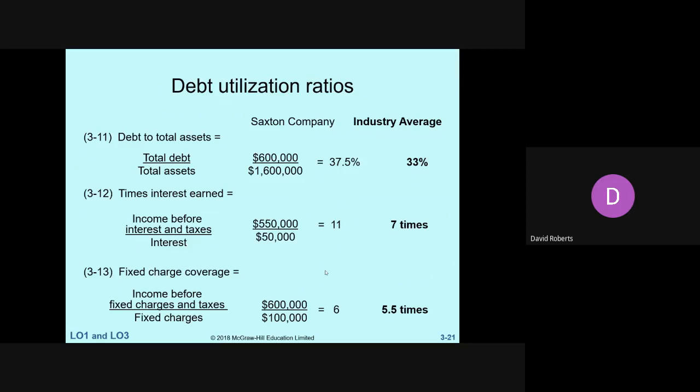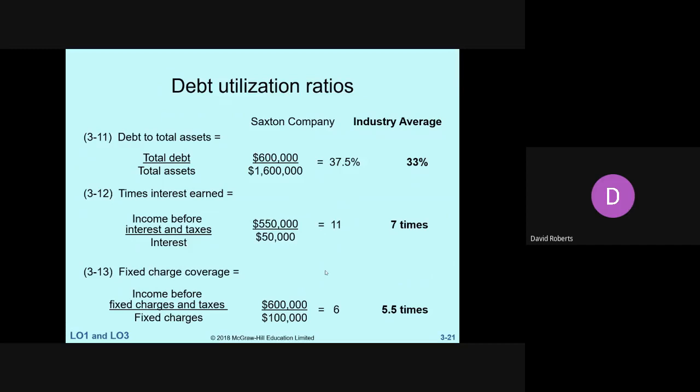So this company has $50,000 of interest, but they have $550,000 of income before interest. So for every dollar of interest, they have $11 of income to pay for it. So they're quite comfortable that way. If their income goes down to half, they still can quite easily pay their bills, and they're doing much better than the industry average.